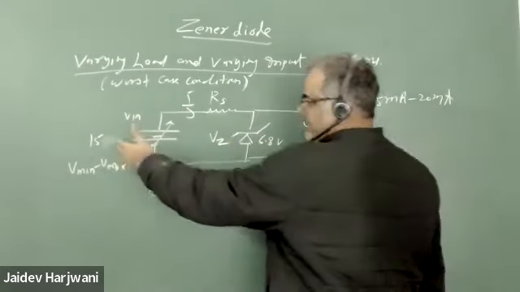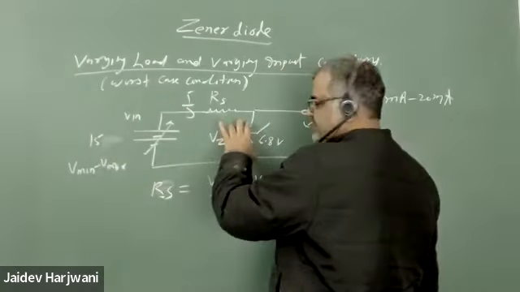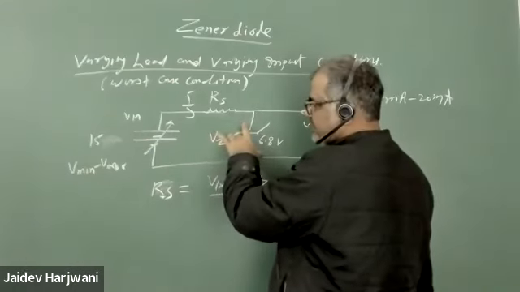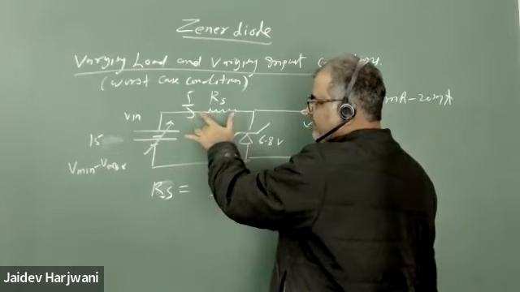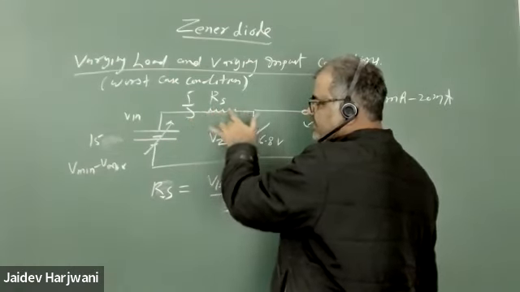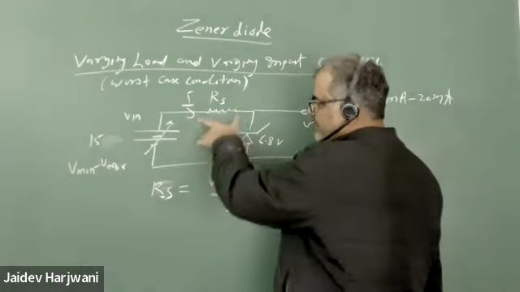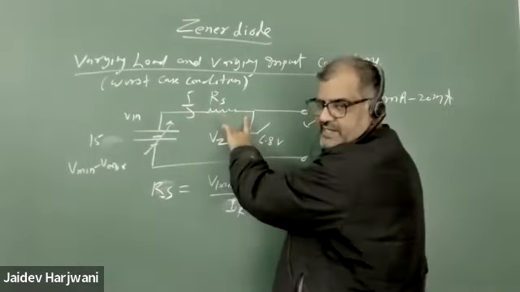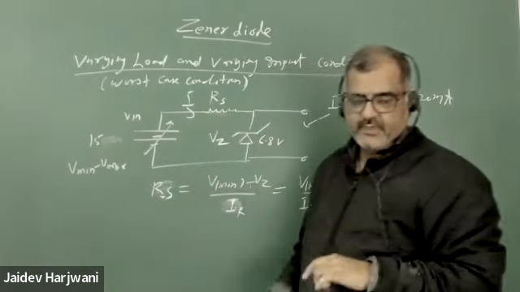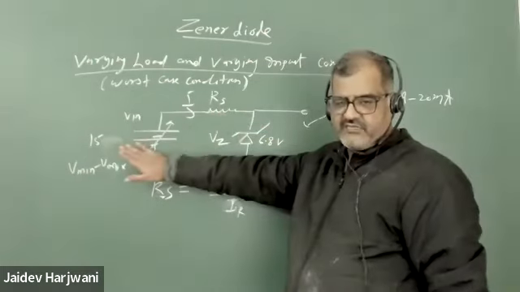So I have given 15 volts, and some voltage is developed across RS. The remaining voltage is coming across the diode. Now suppose I keep increasing the resistance, what will happen? The voltage drop across RS becomes more, so the voltage across the diode becomes less, isn't it?